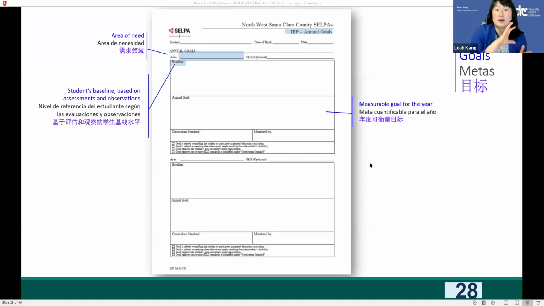And then there will be a section for the student's baseline. So where is the student currently in this area of need? And then finally, an annual goal. The team is going to put their heads together and come up with a goal for the student to work toward for the coming year in their IEP.